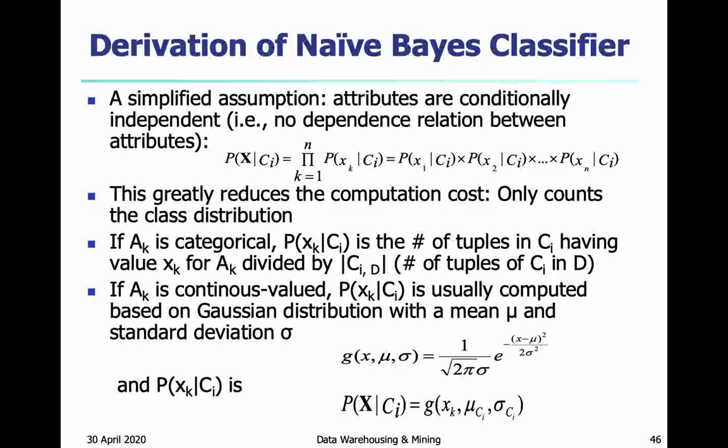Is it clear? Suppose according to the data set, the customers who are buying the computer, whose class label buys computer is yes, their age is 35 plus minus 10. So this is the range of the customers who are buying the computer, right? Then what will be the value of mu?